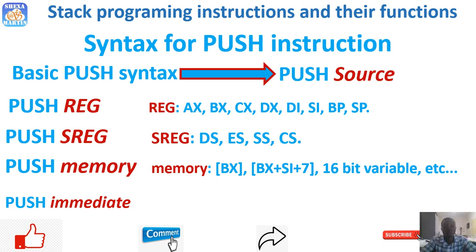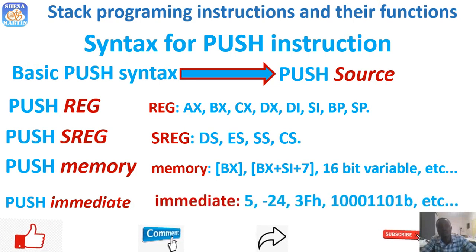Like I said, if you want to push an immediate value, you must know that the processor that you are using is version 8186 or later. And these are examples of immediate values. You may push 5, you may push -24, 3F, and that binary value.